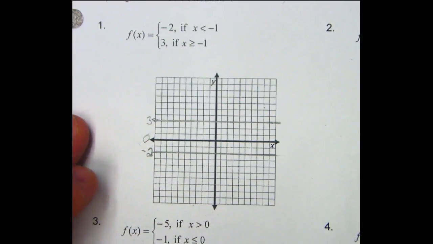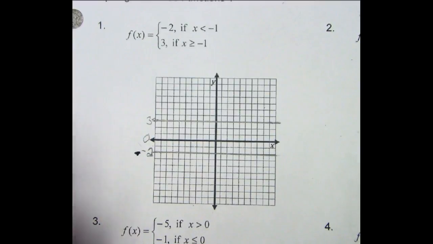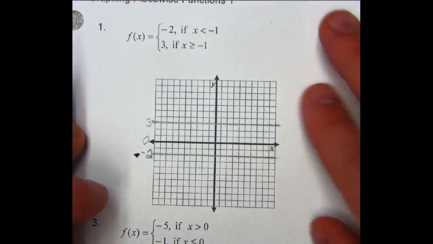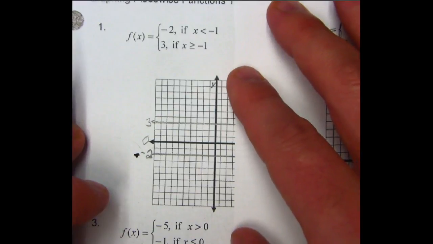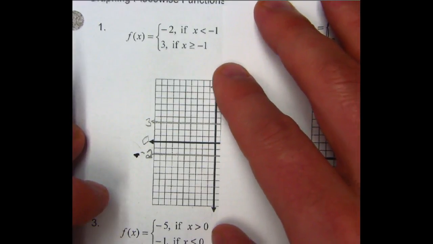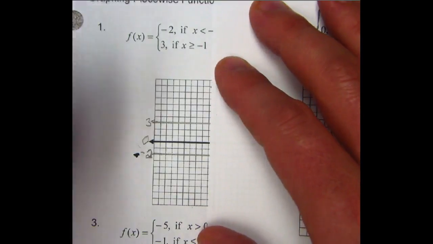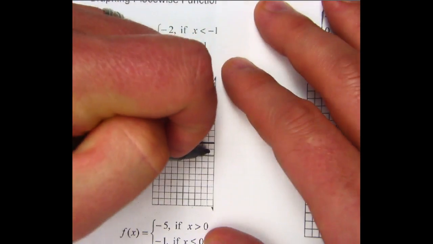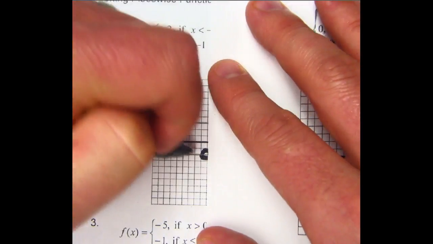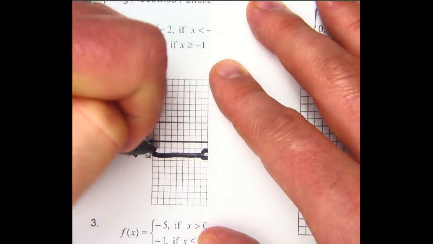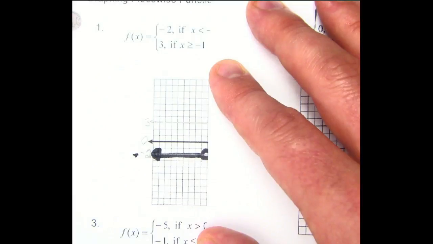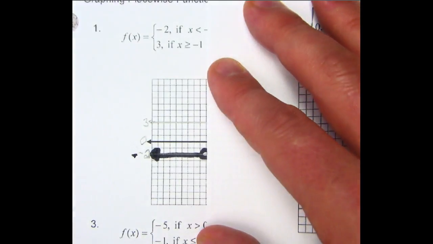Okay, so use the right-hand side, and we're looking at -2 right now. So we're going to go to -1. So there's 4, 3, 2, 1, 0, -1. Okay. And again, it's an open circle. And then everything you see is your graph. Everything underneath, you erase.